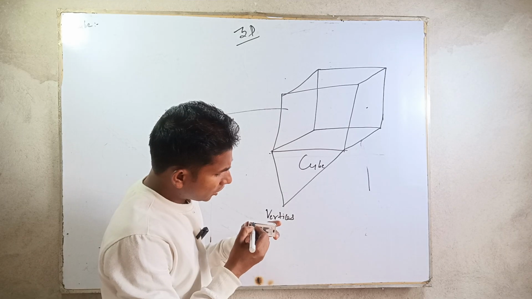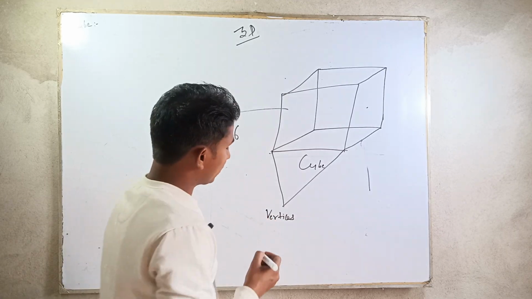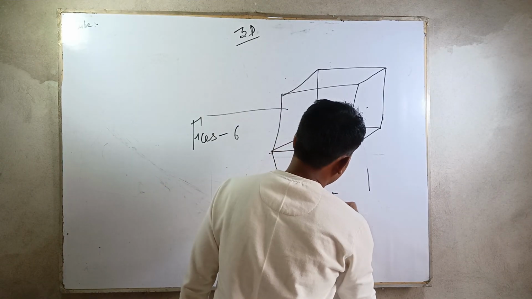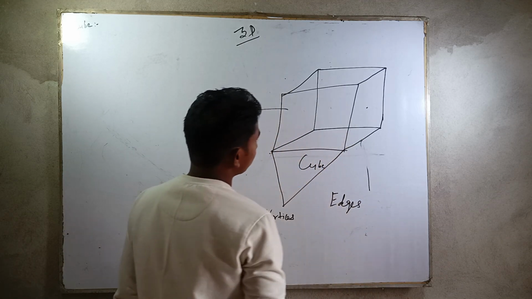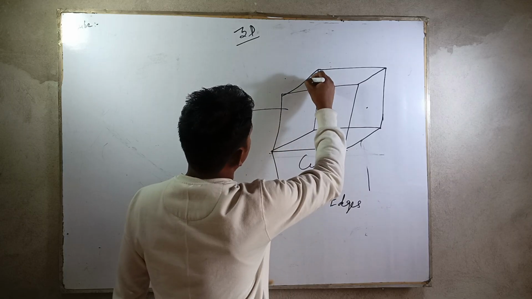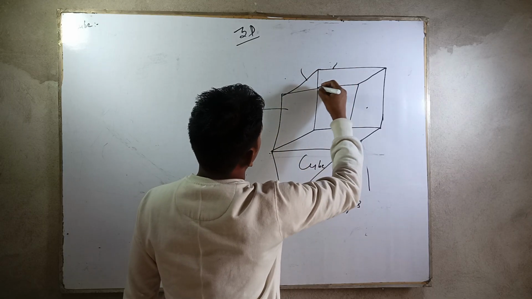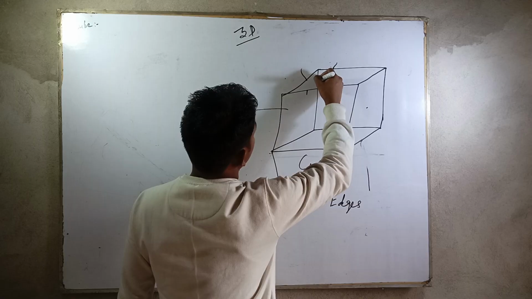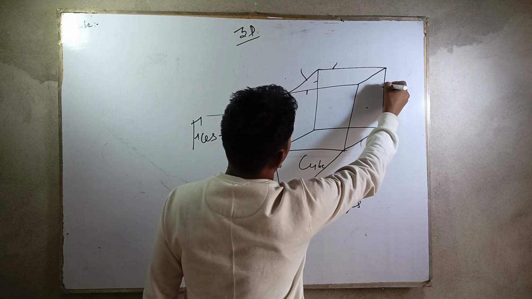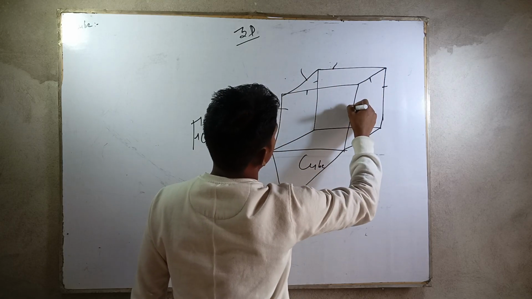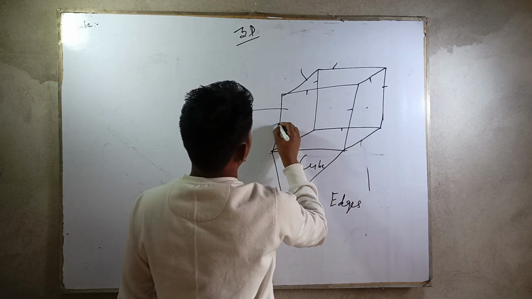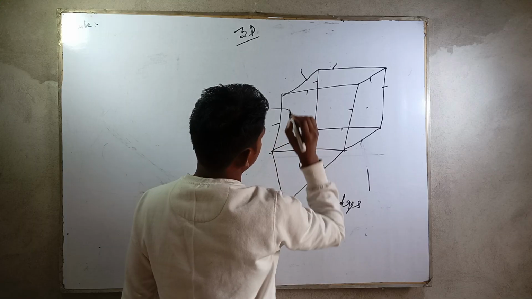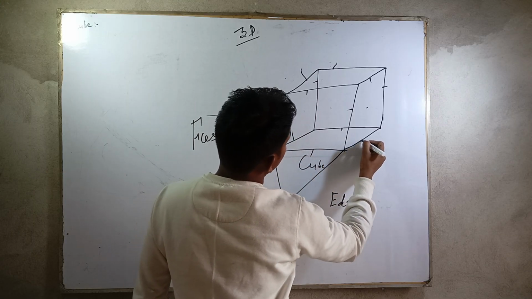Edge means this is a corner. The corner line is called an edge. So I see 1, 2, 3, 4, 5, 6, 7, 8, 9, 10, 11, and 12.